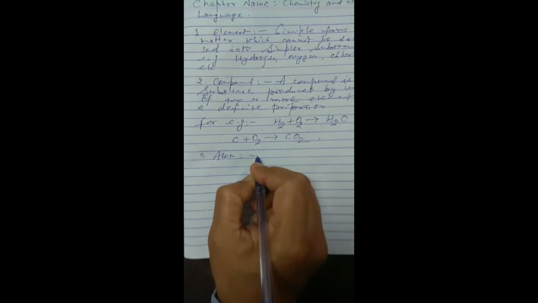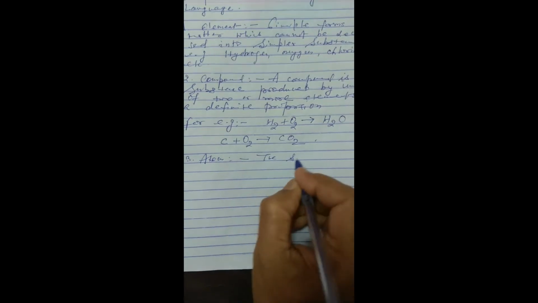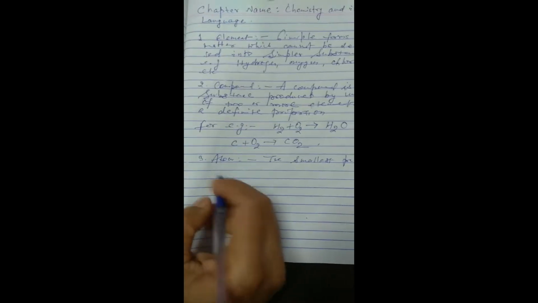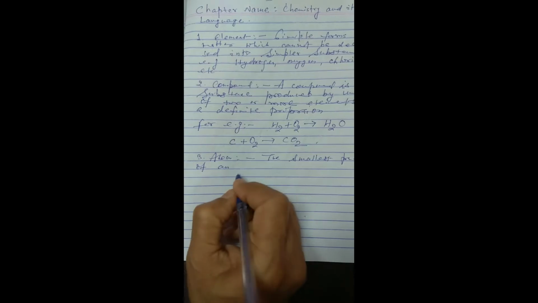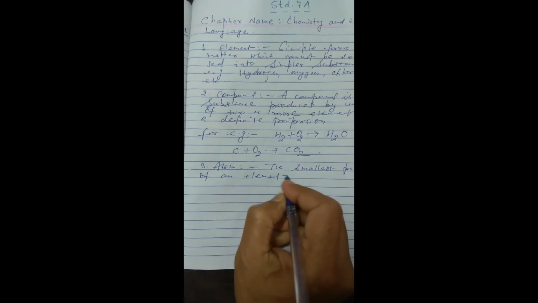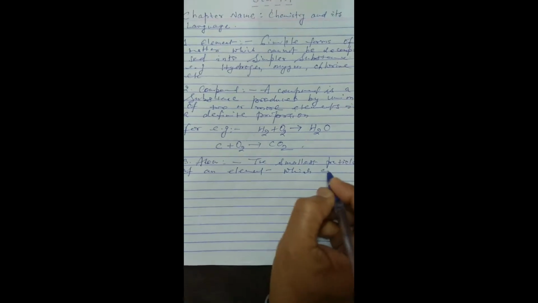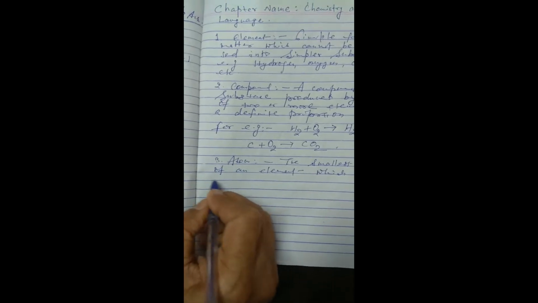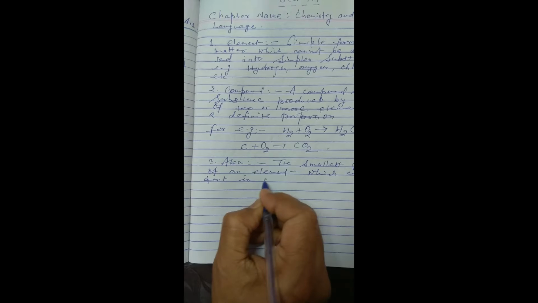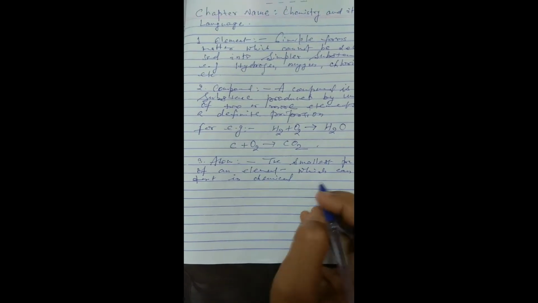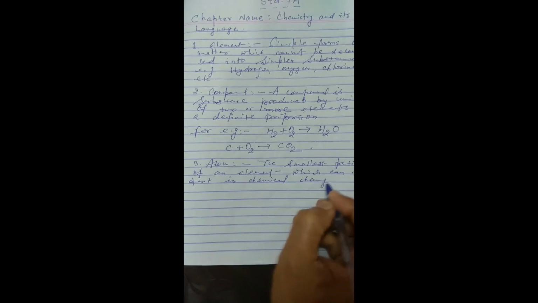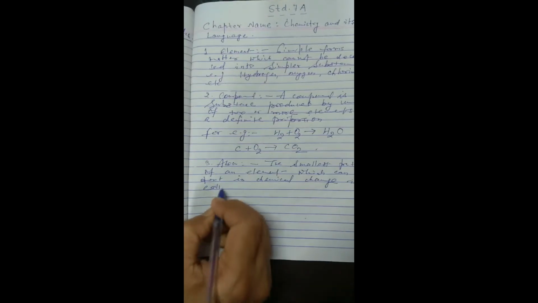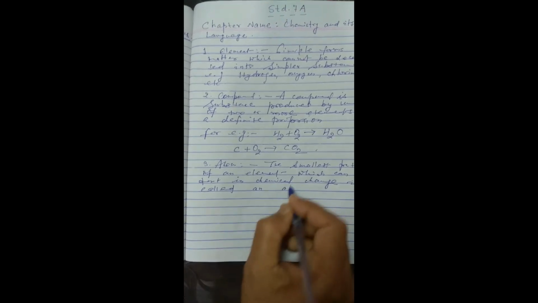Number 3, atom. The smallest particle of an element which can take part in chemical change is called an atom.